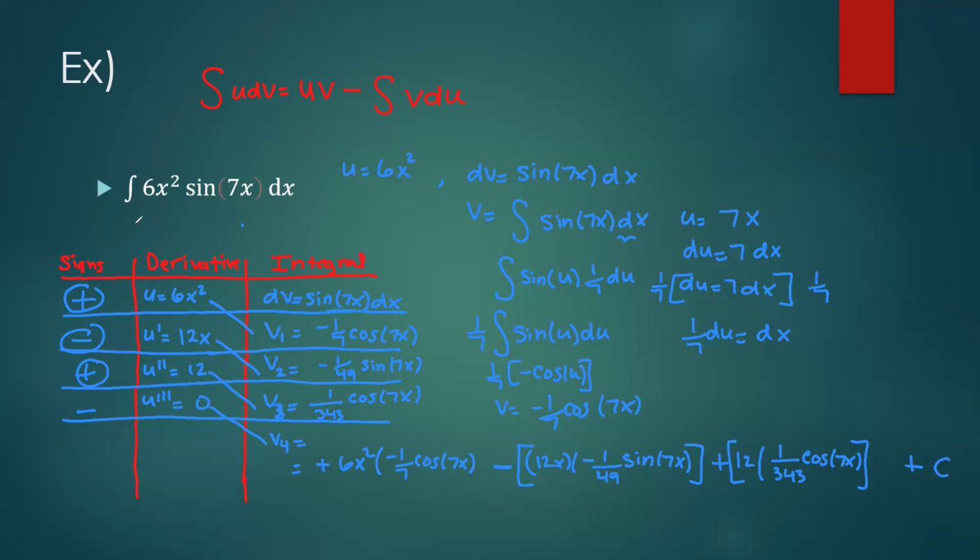Okay, so when you put it all together, your final answer is going to be, 6x squared times negative 1/7 cosine 7x, which you can write as negative 6/7 x squared cosine of 7x.